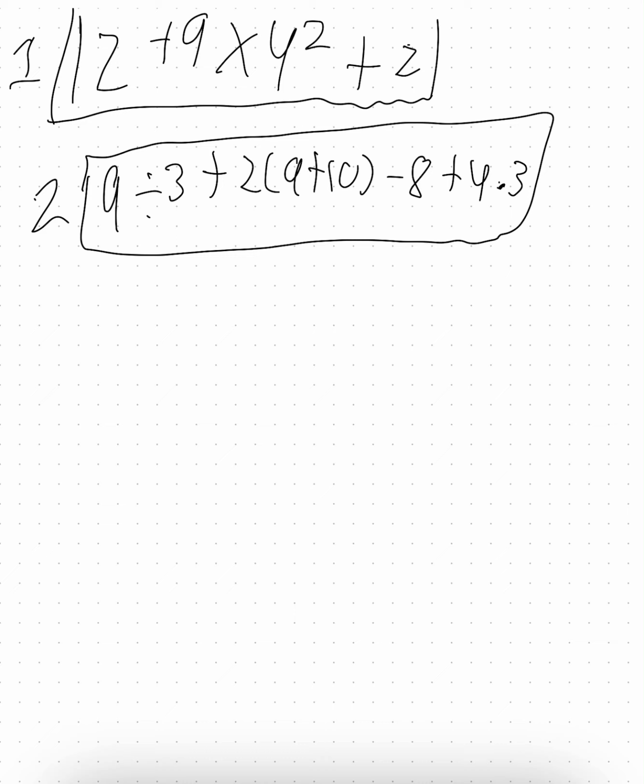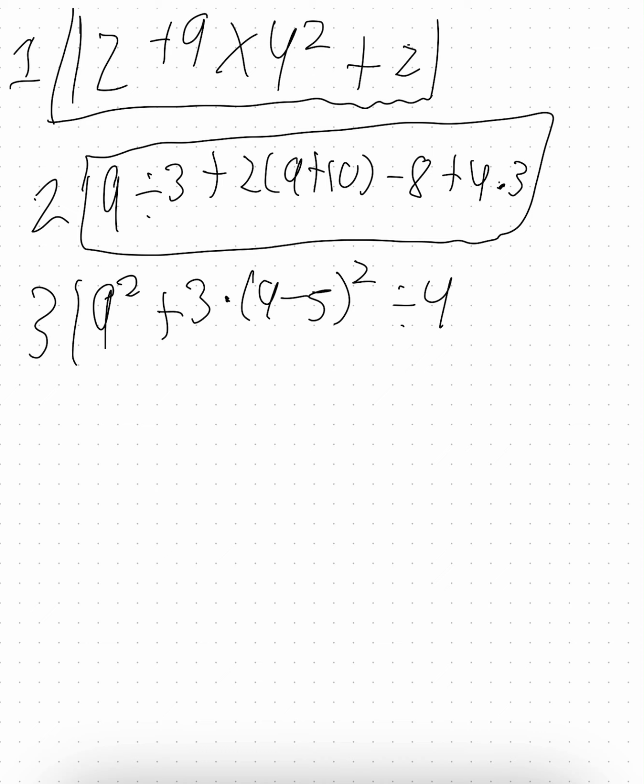And then I will do this one. 9 to the second power plus 3 times 9 minus 5 raised to the second power divided by 4. And then we will do another one.